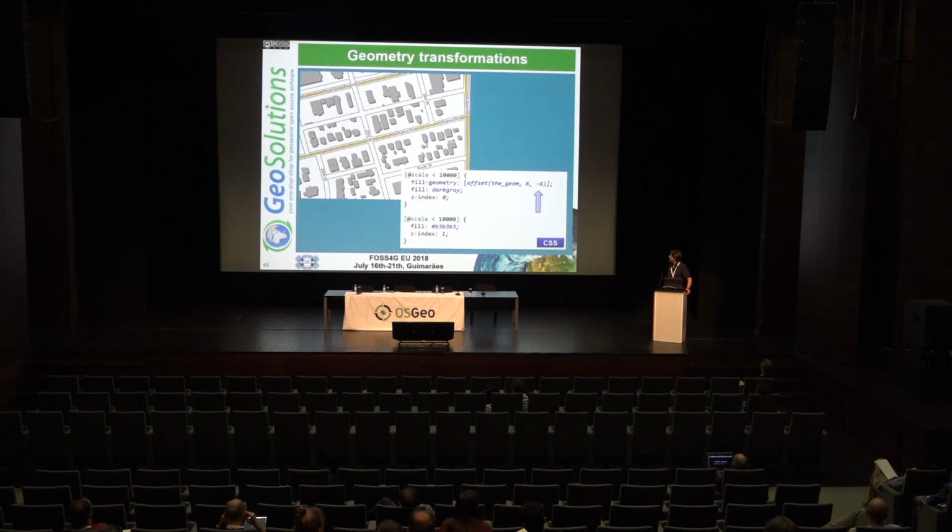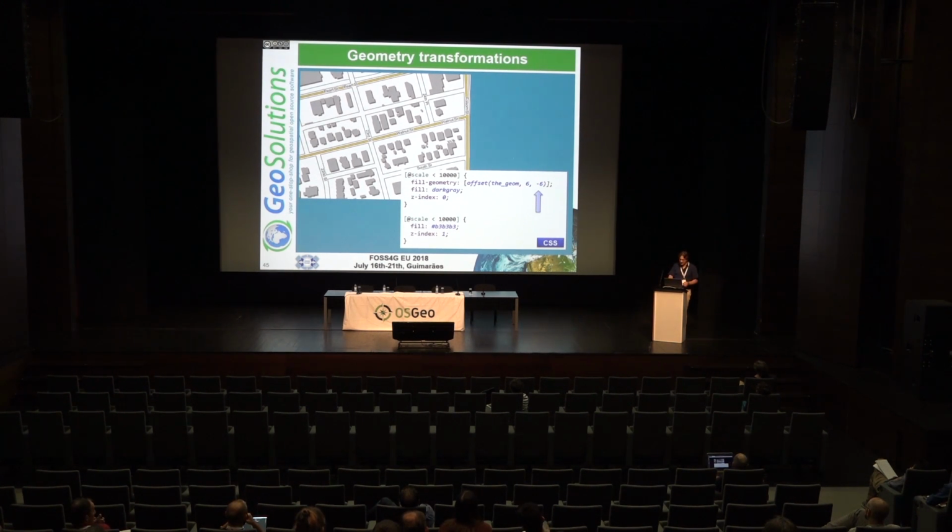Another nice thing that we have in GeoServer is the notion of geometry transformations, which, if you are familiar with QGIS, is close to geometry generators, so that you can take a geometry and apply a function, turning it into something else. In this case, I'm applying a very simple offset to generate a drop shadow effect.